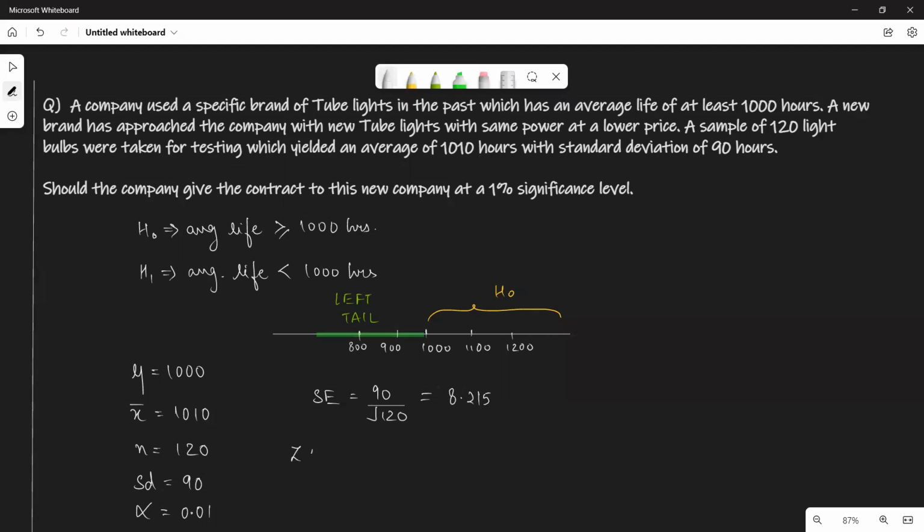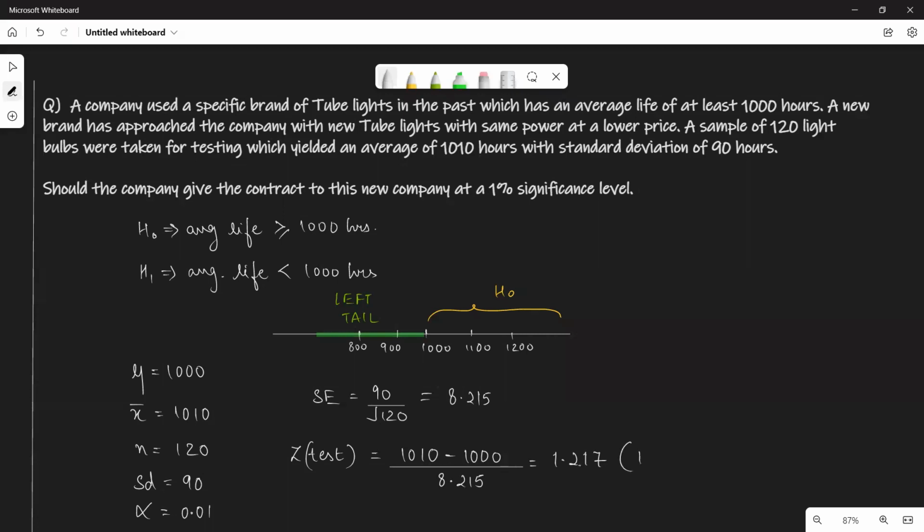Fine. Now the Z test value from the data given to us in the question is how much? 1010 minus 1000 whole divided by 8.215. That will be 1.217. Okay, so this is the value of Z test from the data given to us.